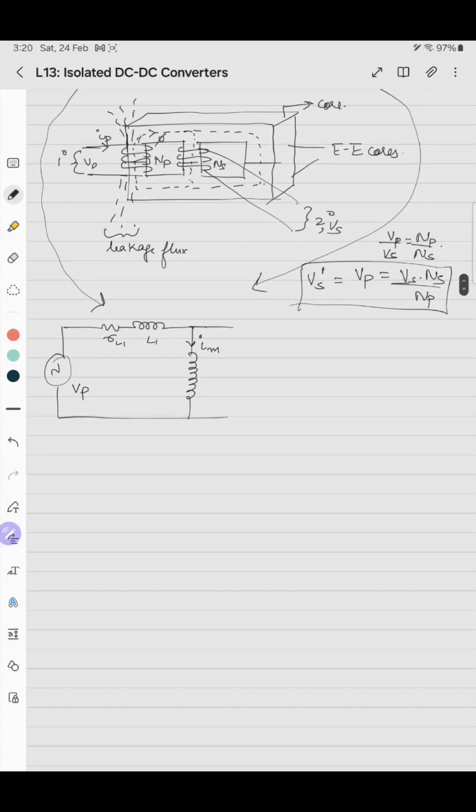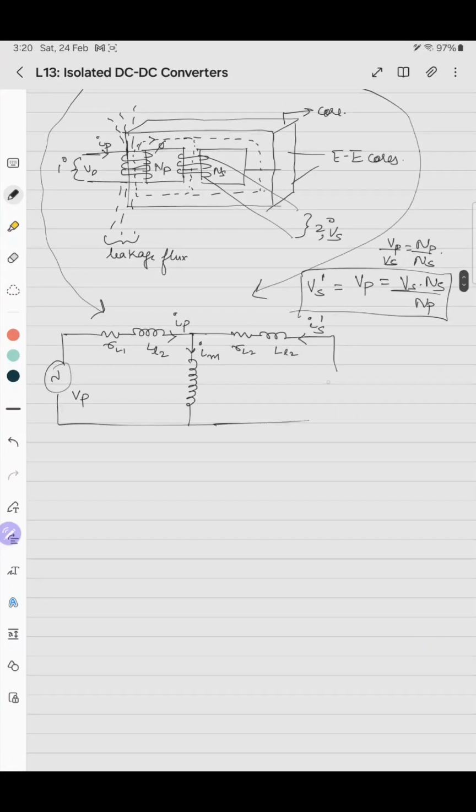So what we'll have is this is RL2, LL2, and this is Im, this is Ip, and this is Is dash, and then here we have Vs. This is the load: RL2 dash, LL2 dash, Vs dash.